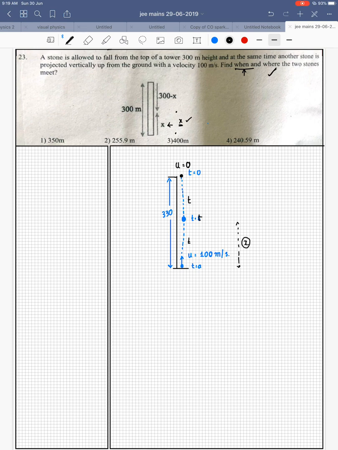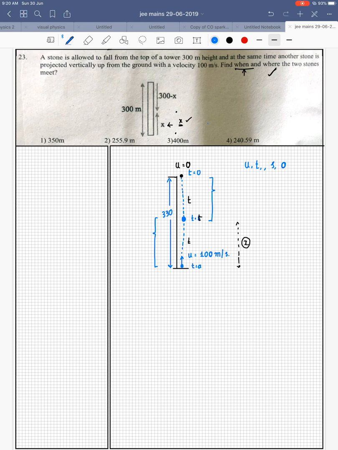Fine. So now let me write the equations concerned. I'm going very systematic in my equation. I know u, and I have t because t is common for both the motions, so I'm trying to include t in the hope that it will help me get the answer. He's talking in terms of heights, distances, so let me include s as well.